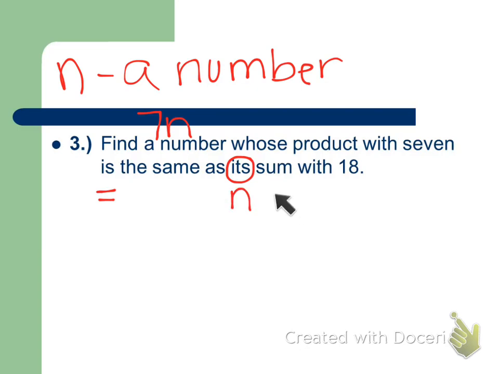Houston, the word sum should make us think of what operator? Addition, good. So the sum with 18. Now this problem worked out pretty nice because after we put all of our notes in place, really we just have to string it all together and it gives us our equation. 7N equals N plus 18.